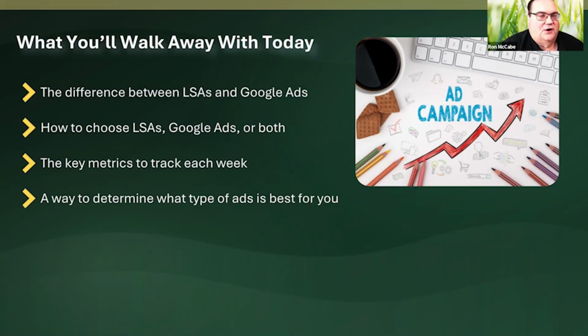So, what we're hoping to do today is get you a clear understanding between local service ads and Google Ads, and then give you the tools to choose whether to do local service ads, Google Ads, or both. Both is becoming an increasingly popular option because of how search is changing. We're going to talk about measurement or metrics so that you know if you're doing okay. And then, really, just for your company, determining what types of ads are best for you.